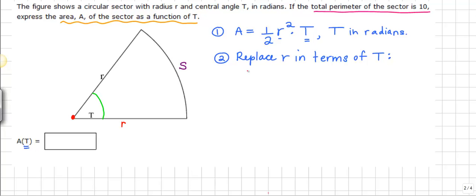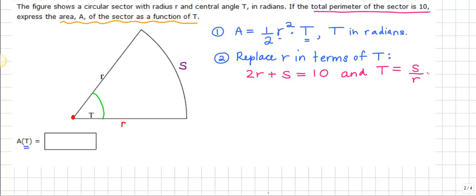So you know that 2 lengths r plus 1 length s equals the perimeter 10. Okay, and you also know that t is in radians, so t must be the length s divided by the length r. Now let's see if we can put these together somehow to get area in terms of only t.